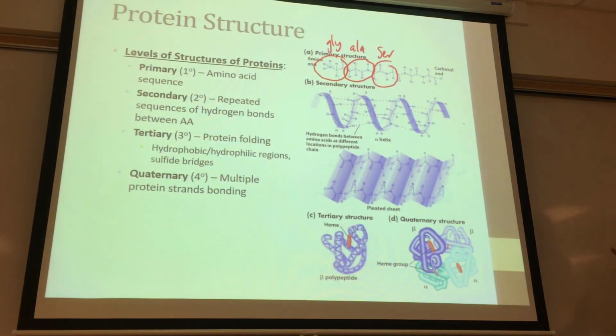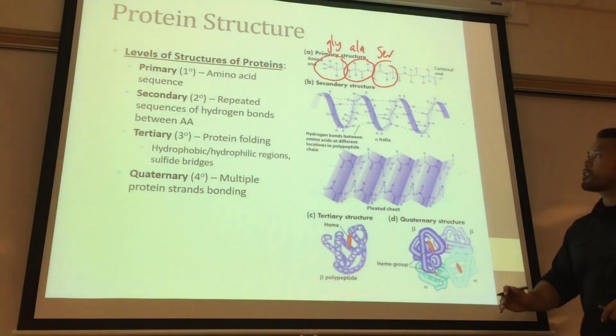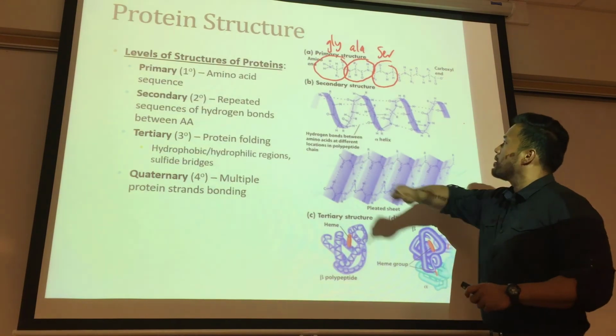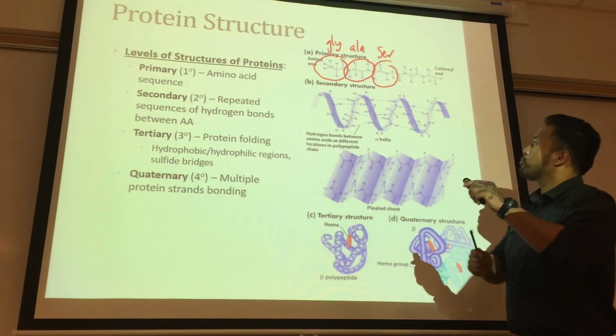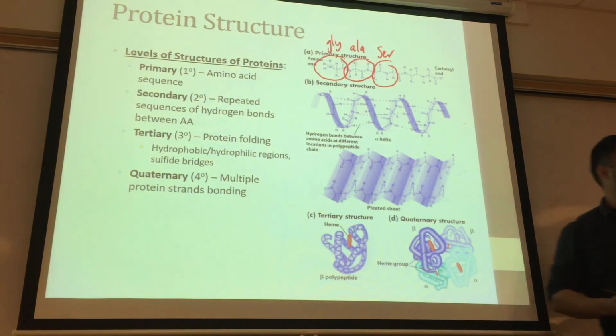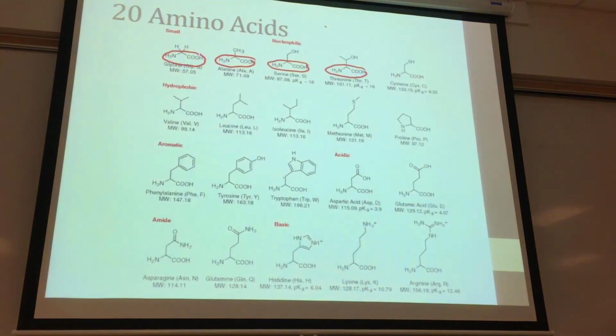Now take that, and we're going to look at the secondary structure. The secondary structure is looking at the hydrogen bonds that form all along this primary structure. Maybe somewhere, let's take a look at tyrosine. There's an OH right there.